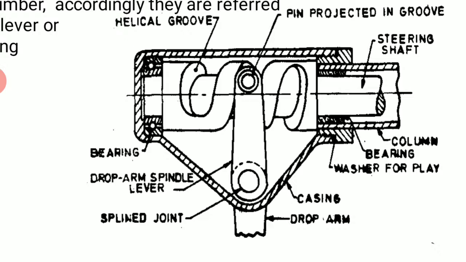The pin moves to and fro and in turn it is connected to the drop arm. As the steering column shaft is rotated, the drop arm spindle lever moves to and fro, forward and backward. Due to that movement, the drop arm rotates, and in turn it swivels the front wheels.